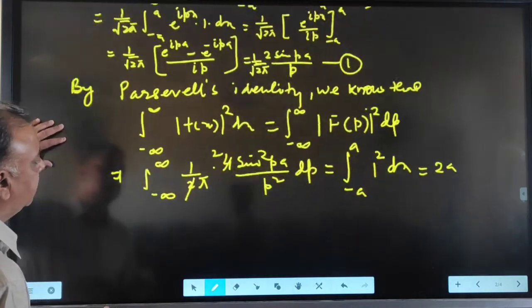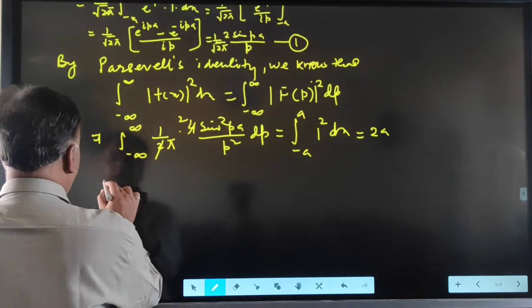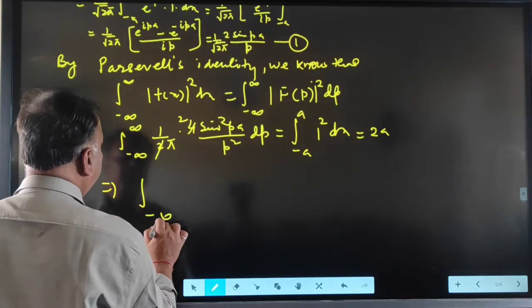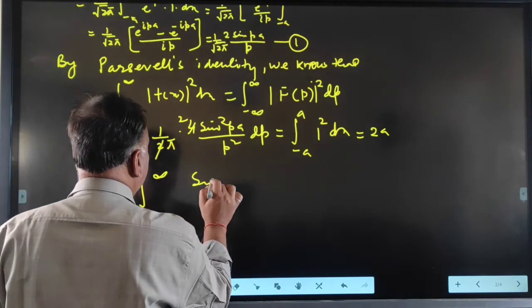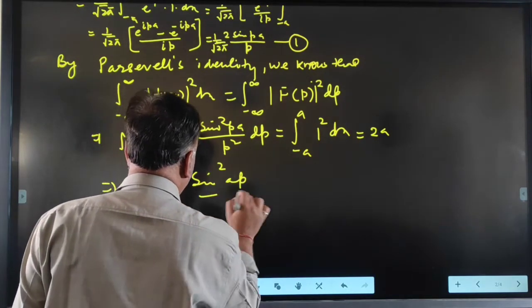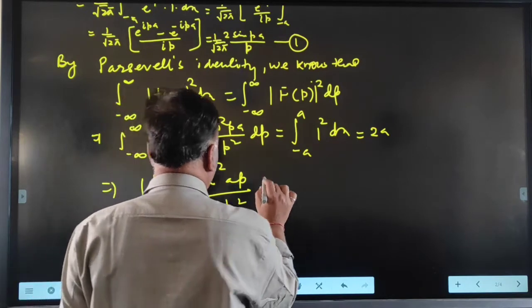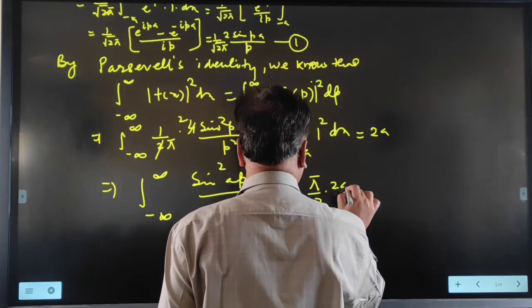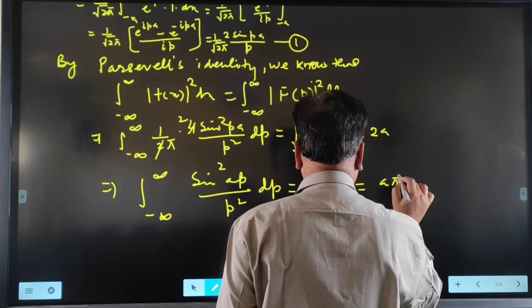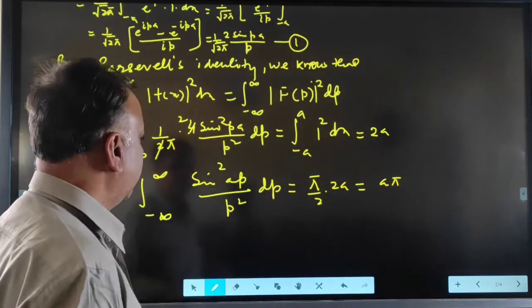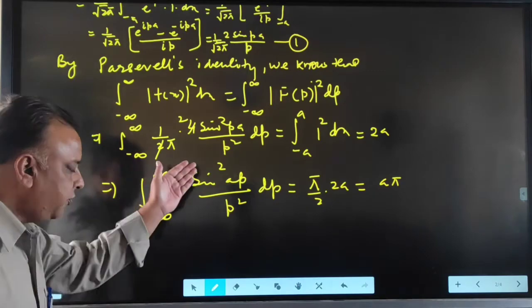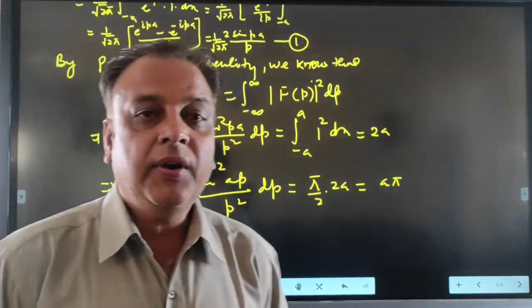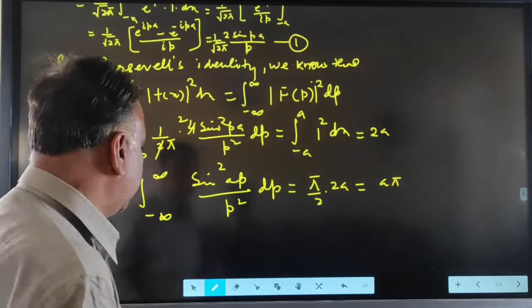So we get here the integral from minus infinity to infinity of sine square ap upon p square dp is equal to pi by 2 into 2a, that is a into pi. As we see on the left hand side, the function in the integral is an even function.